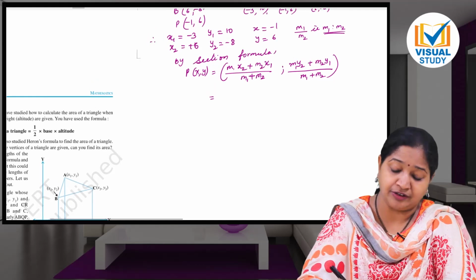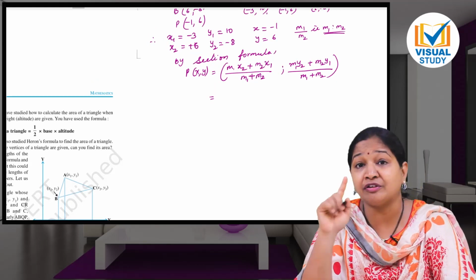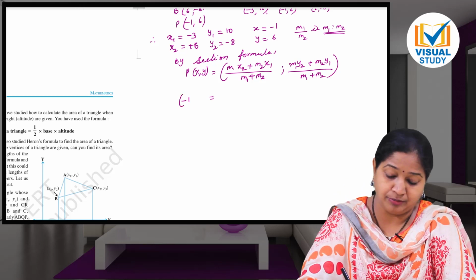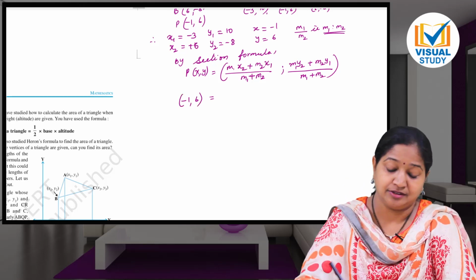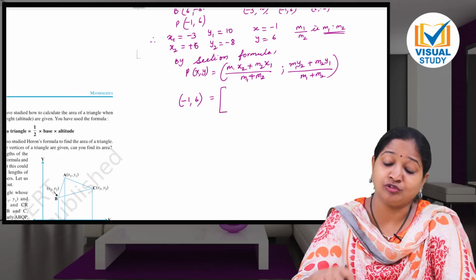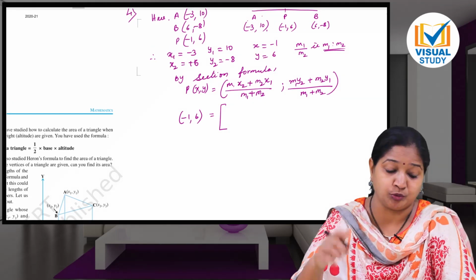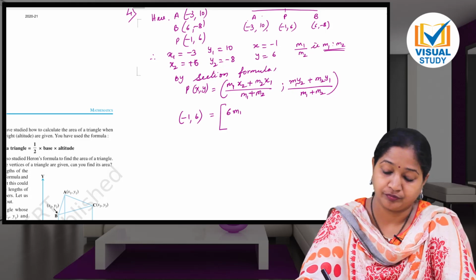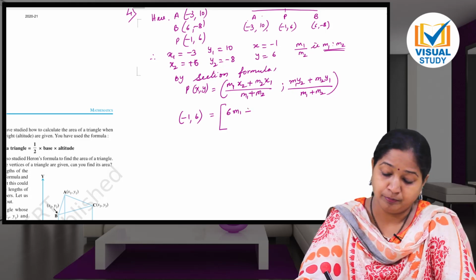Now, here they have given us the values of x and y, that is minus 1 and 6. And they have not given us m1 and m2. That is, your x2 is 6 and m1 you don't know, plus m2 you don't know.